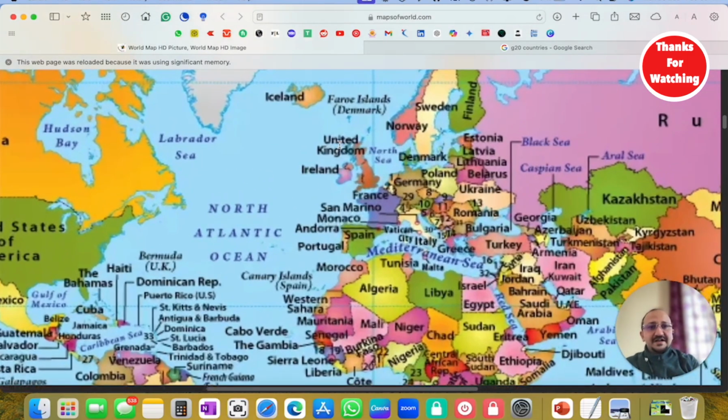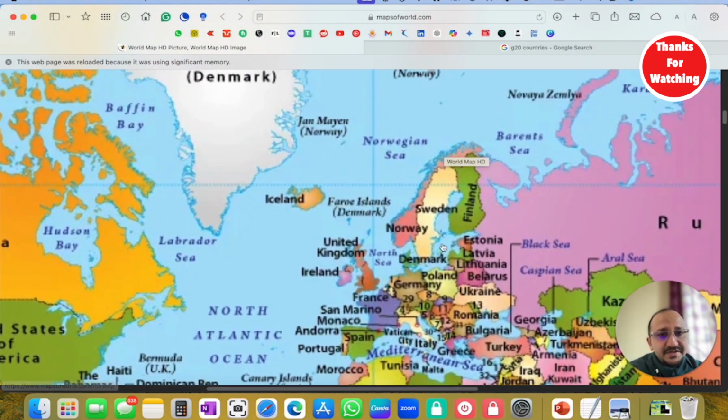So these are the countries, guys. For example, if I enlarge it, these are socialist countries: Finland, Sweden, Norway. Why are these socialist countries, guys? These countries are very rich countries. Switzerland, everything is free in these countries. The health facility is free, education is free, traveling transport is free. Girls have equal rights to men. They don't fight as well.